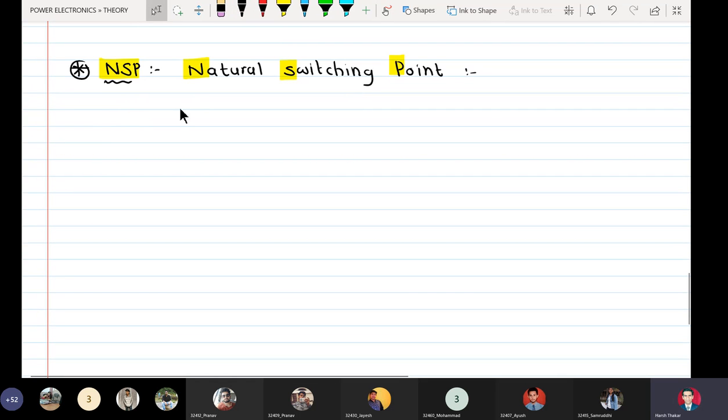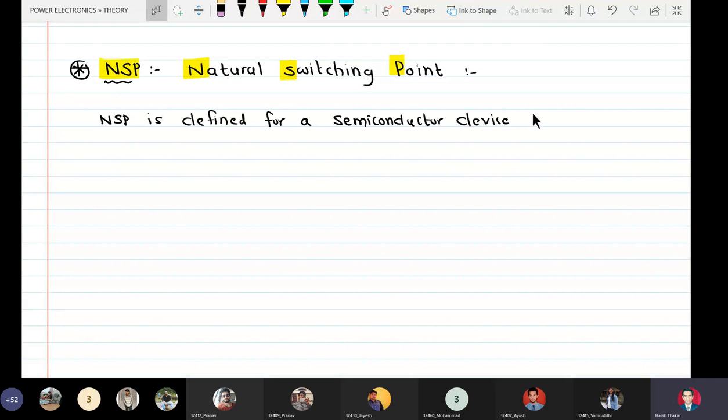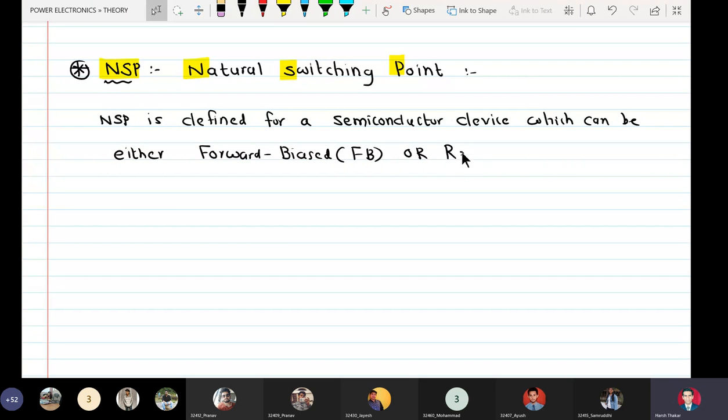So natural switching point is defined for a semiconductor device which can be either forward biased FB or reverse biased RB.